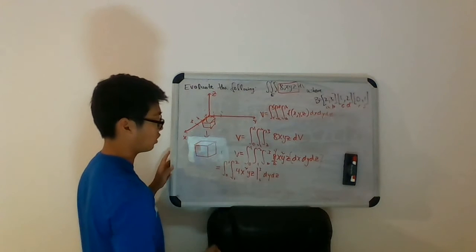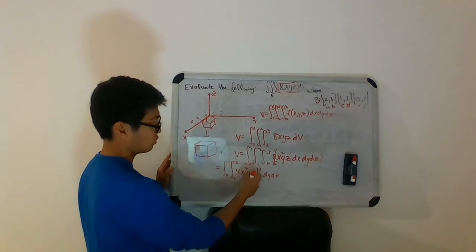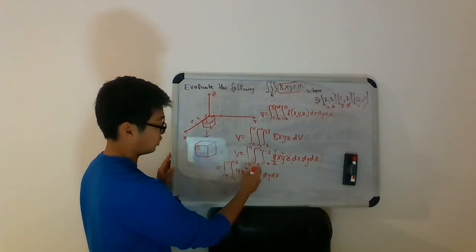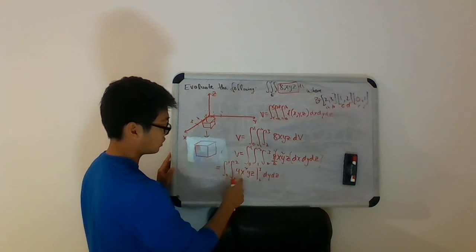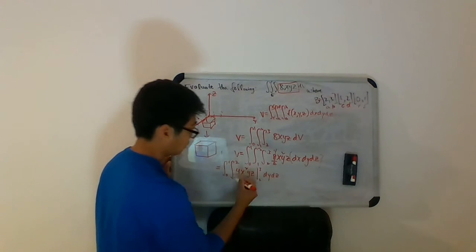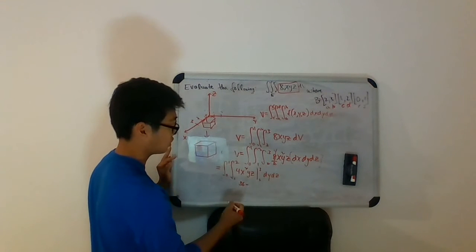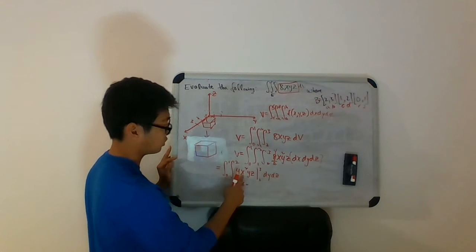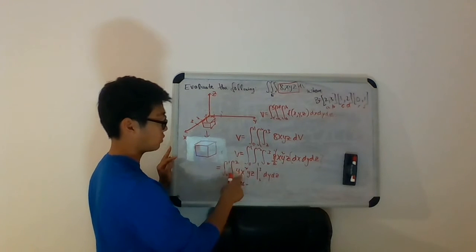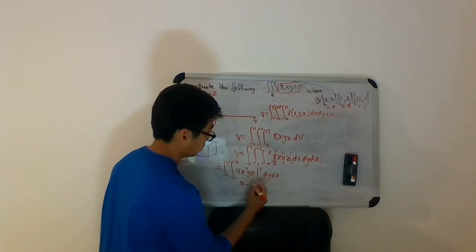And now we do top minus bottom here. We plug in 3 for x. So that's 4 times 9, so that's 36. Minus, we plug in 2 for x. 2 times 2 is 4, times 4 is 16.